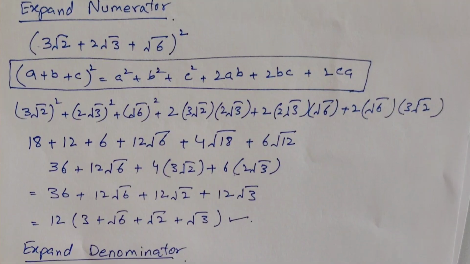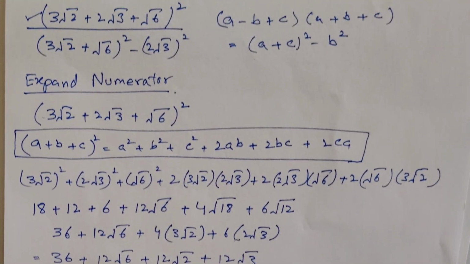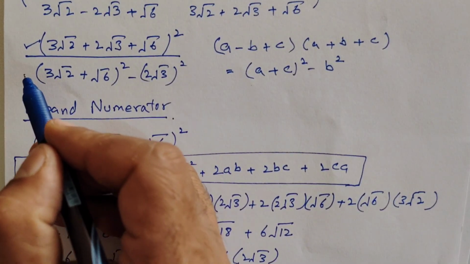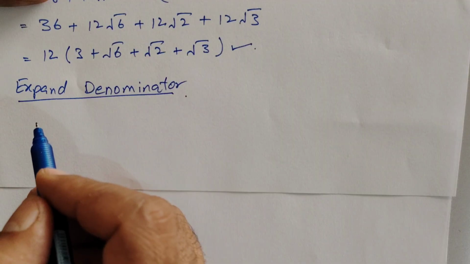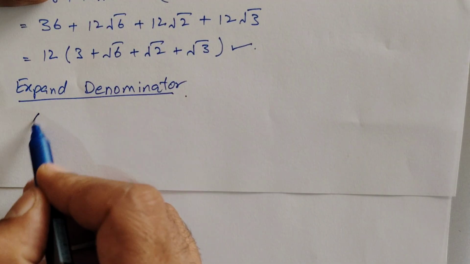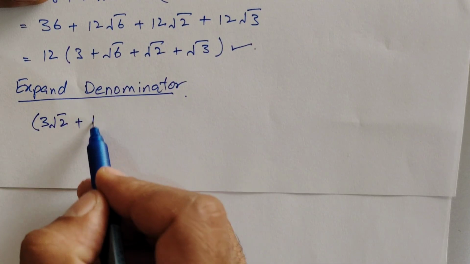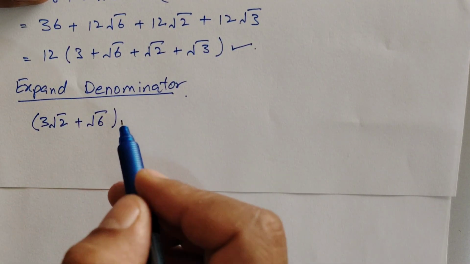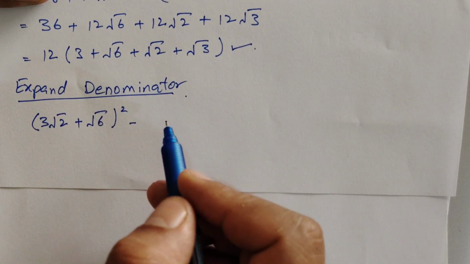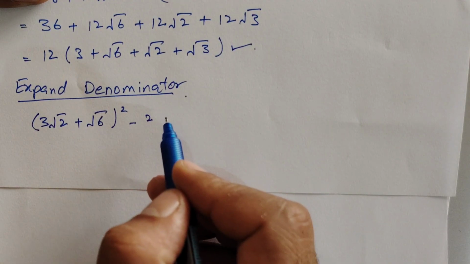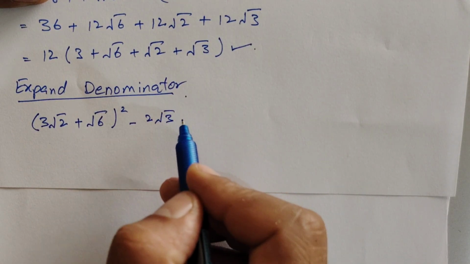In this equation, the denominator is this one: 3 square root of 2 plus square root of 6, whole square, minus 2 square root of 3 square.